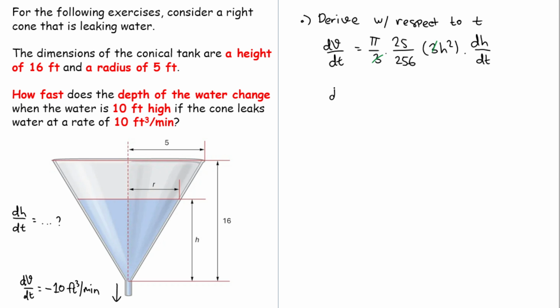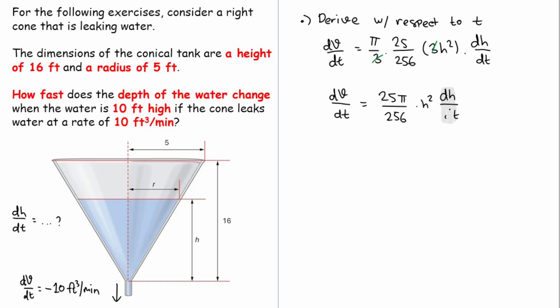Okay, now we have some space here. Let's simplify this. So I'll have dV/dt equal to 25 pi over 256, and then multiplied by h squared, and then multiplied by dh/dt. But we need to find out what dh/dt is, right?